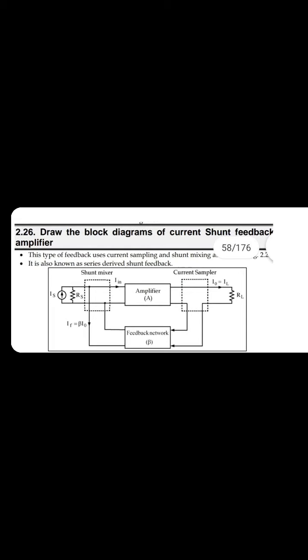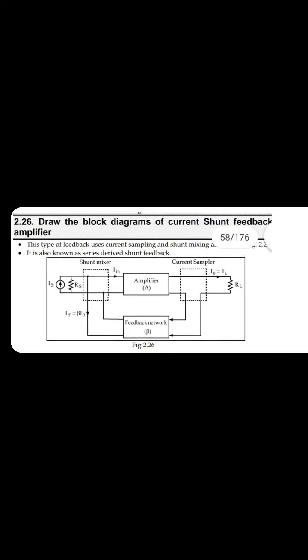So Is and Rs are the input source. Ii is the actual input of the amplifier. Io is the output current, equal to the load current IL. This is the block diagram of the current shunt feedback amplifier.